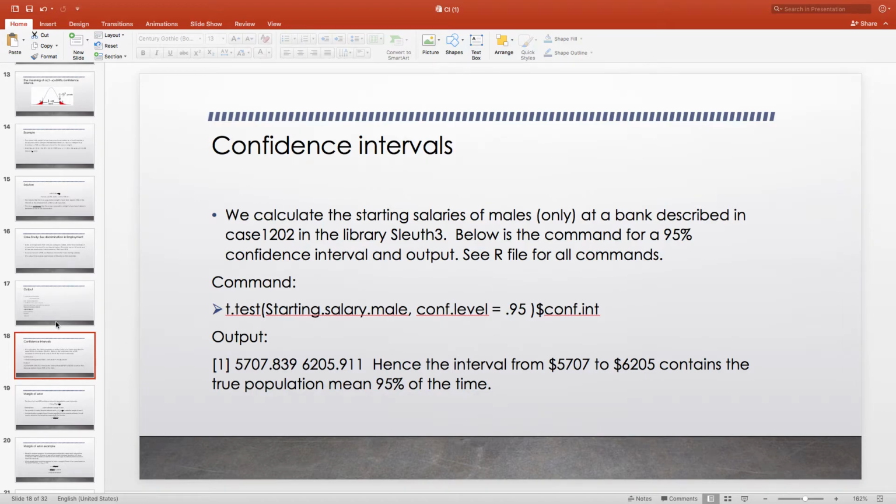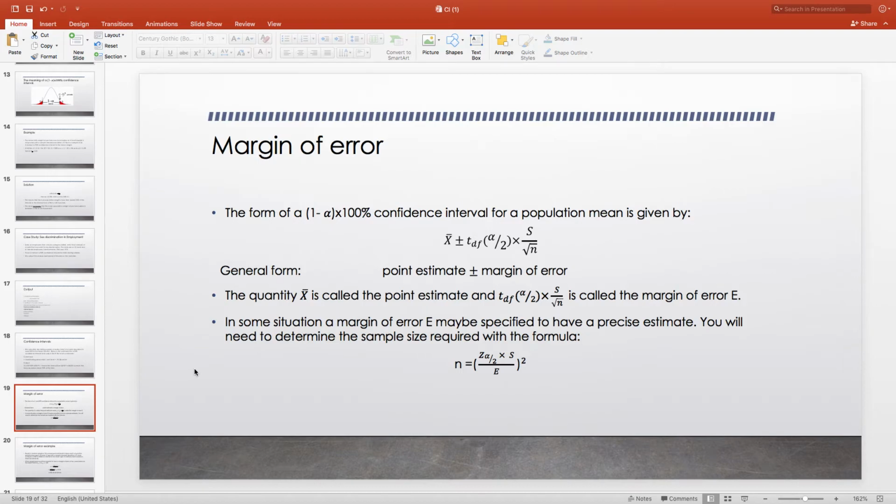Now, as you can see, the confidence interval has this form. Our estimate for the population mean is the sample average, okay? But there's a margin of error. So you add or subtract a certain amount of error.